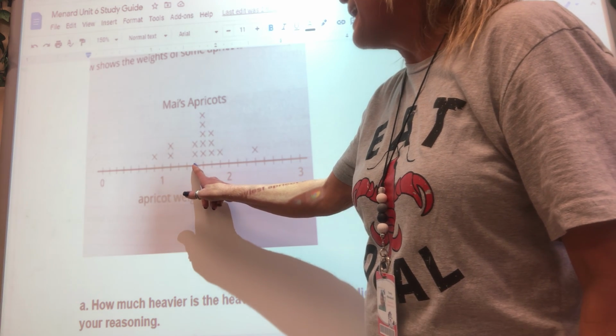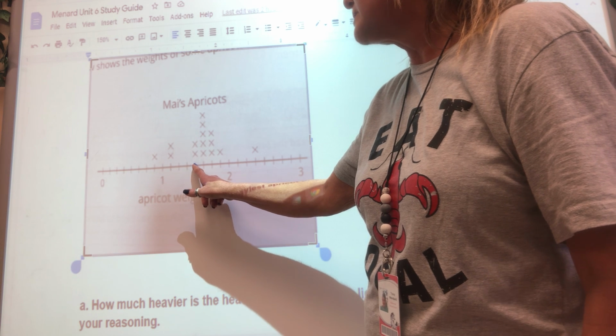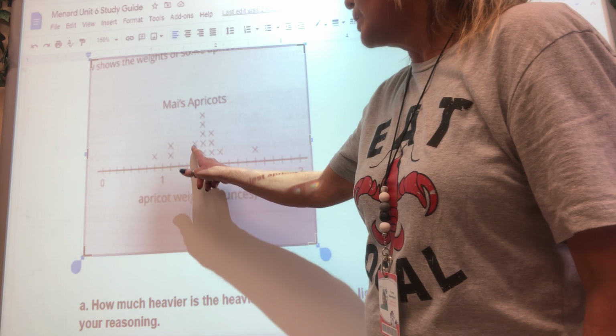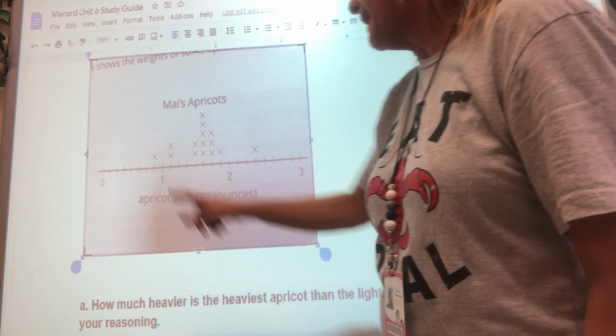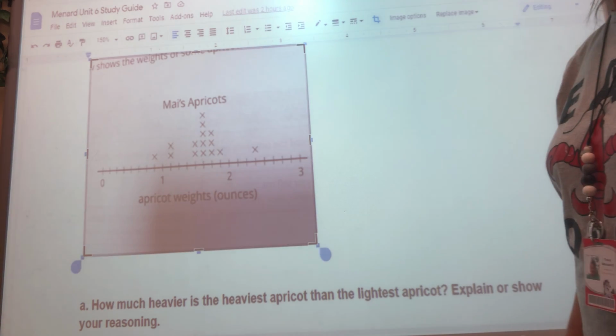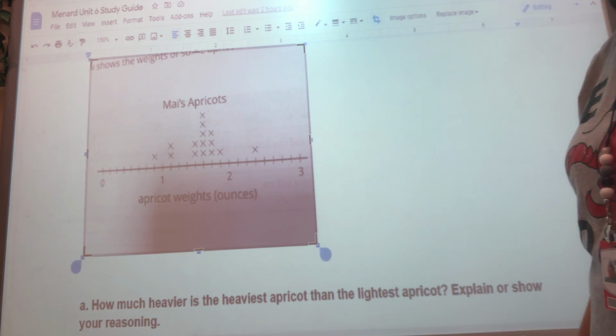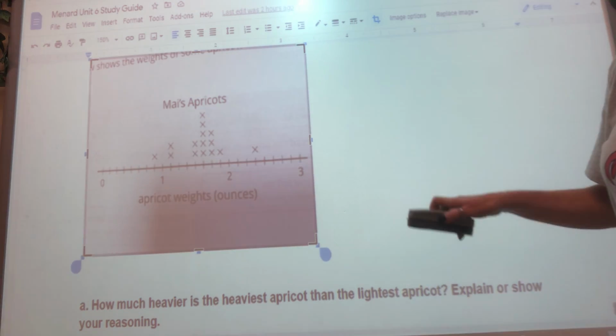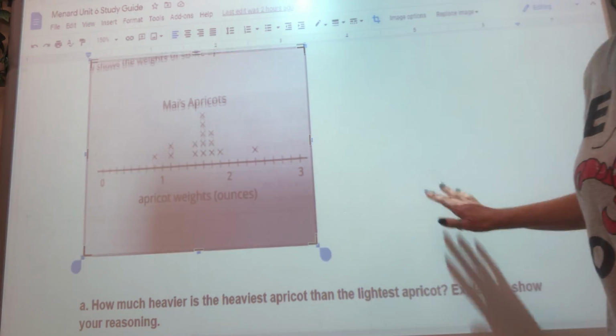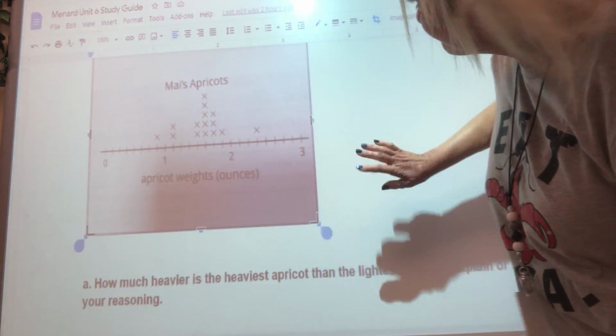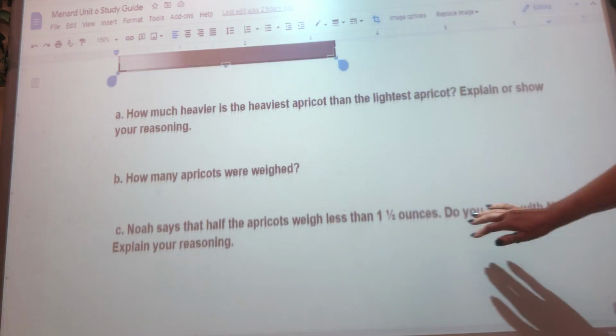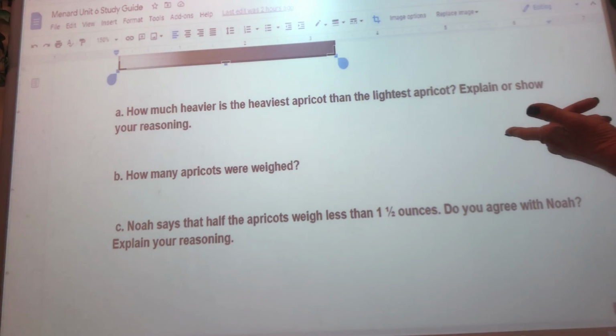He says that half of these weigh less than this. 1, 2, 3, 4, 5. Is that true? No, because how many were counted? 15, and 5 is not half.